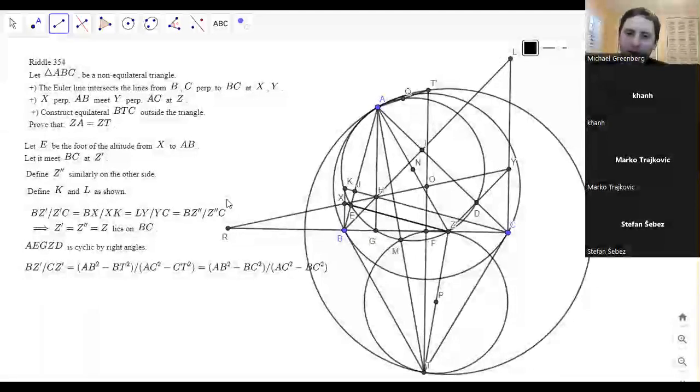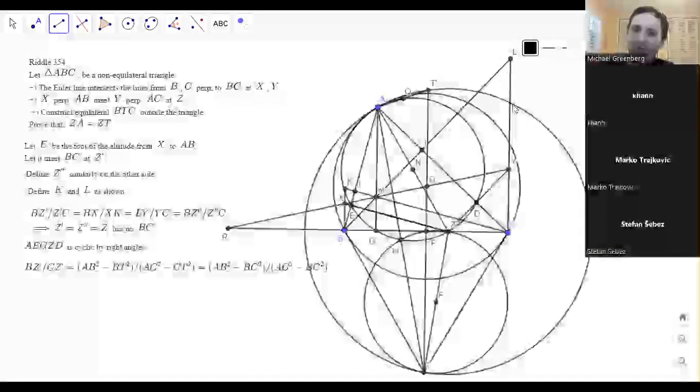I'd rather not type up the whole complex bash here, but it seems like an interesting idea. You call this the unit circle, and then you rotate by 60 degrees, multiplying by cis 60.